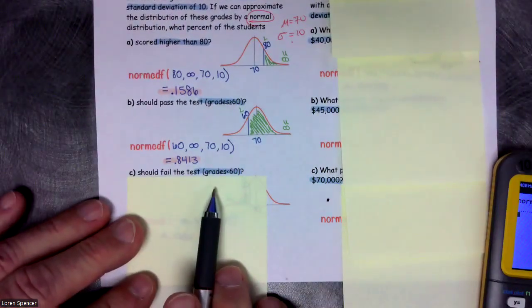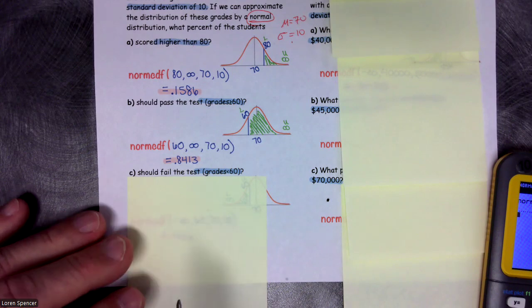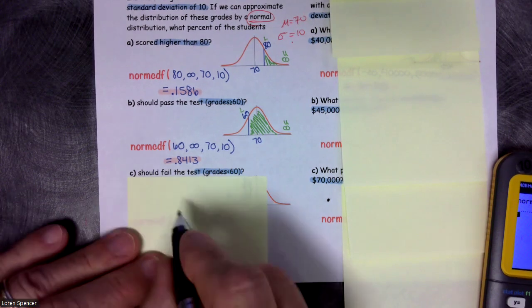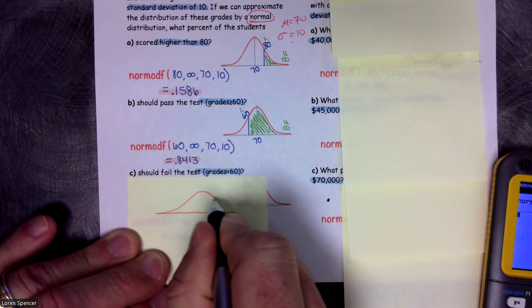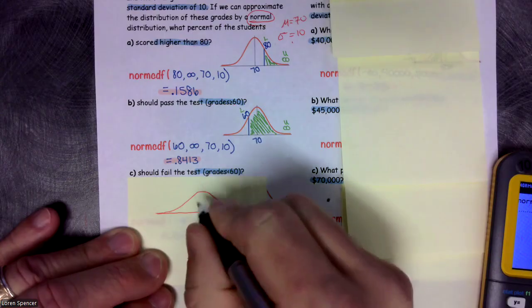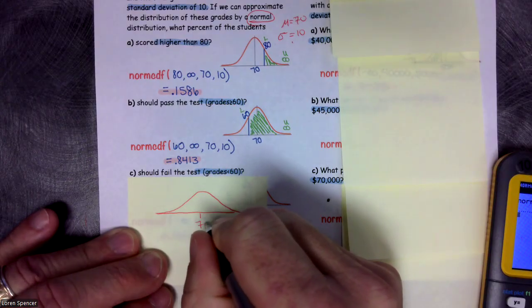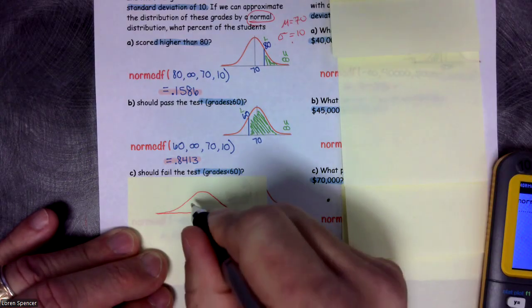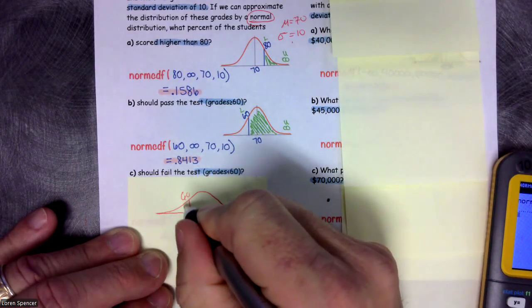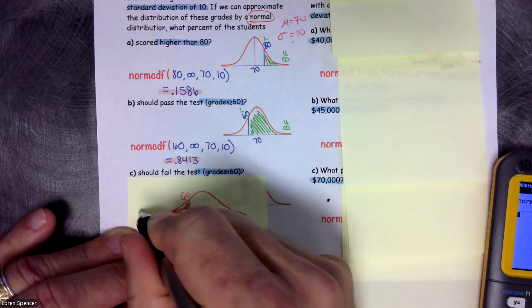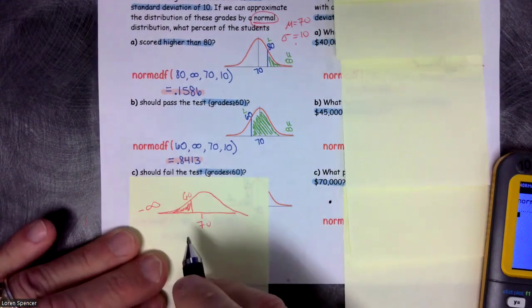What's the probability that someone fails? Because they didn't draw the normal curve. Oh my gosh, why didn't they draw the normal curve? They could have passed. They could have been the stat sensei, but they didn't draw the normal curve and they failed. All right, so here's my mean of 70. And we want a grade 60 or lower. Well, that means we're shading all the way to theoretical infinity.